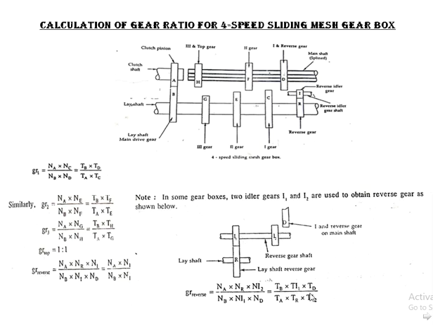On the basis of teeth, it is Tb by Ta into teeth on idler 1 divided by teeth on the reverse, into teeth on D divided by teeth on idler 2 here. This is the reverse gear ratio when two idler gears are used in the gearbox. Okay, thank you very much.